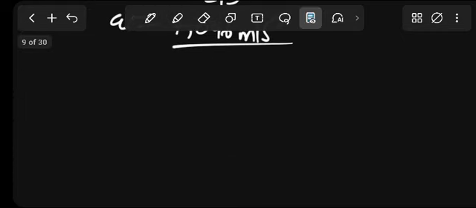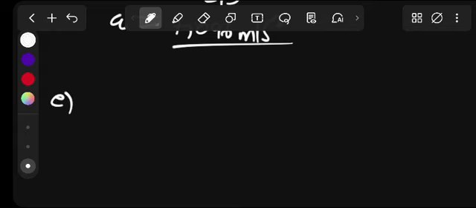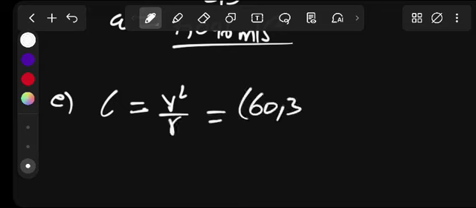All right. Then we want the centripetal acceleration. Centripetal acceleration is given by v squared divided by radius. Obviously, this is 60.32 squared divided by radius, which is 0.8.